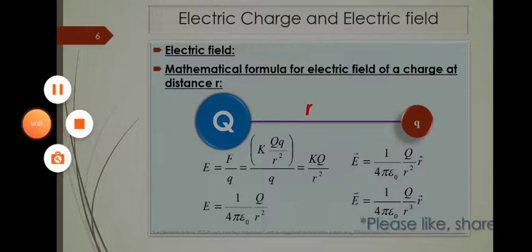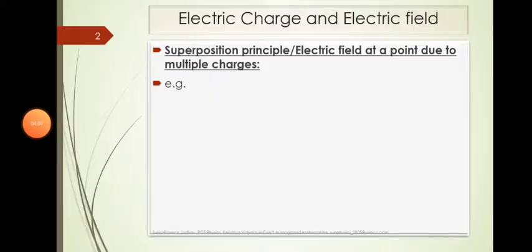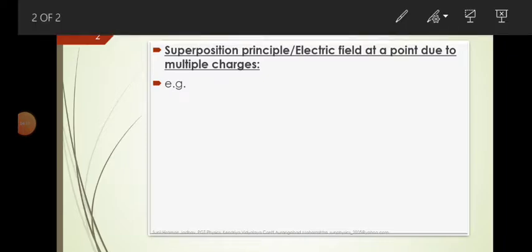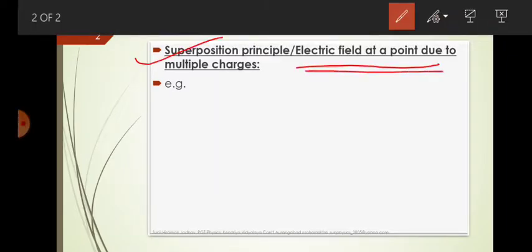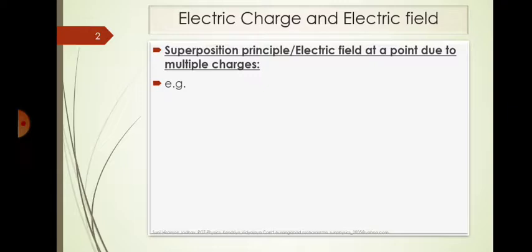Now we will switch to our main point. Let us discuss the superposition principle for the case of electric field, or simply the electric field at a point due to multiple charges. Suppose we have more than two charges and we want to find the electric field at a point due to the system of charges. What is the net field at that point? That we have to understand here.